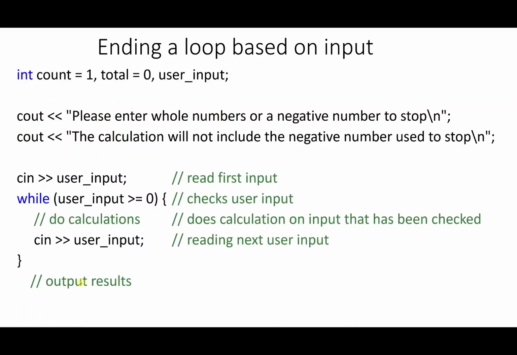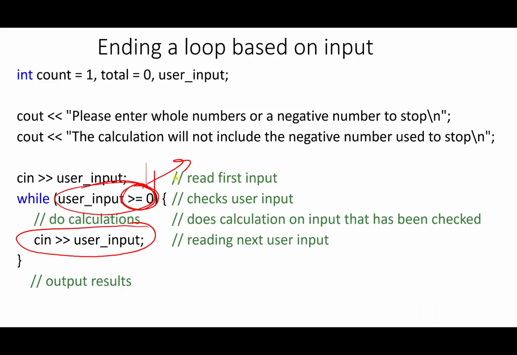So we can end the loop based on an input from the user, right? So here it is. Once the user input is less than 0, the user input in this condition makes this Boolean expression false.